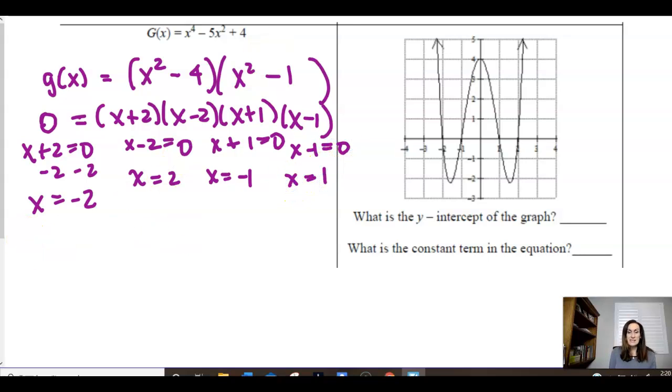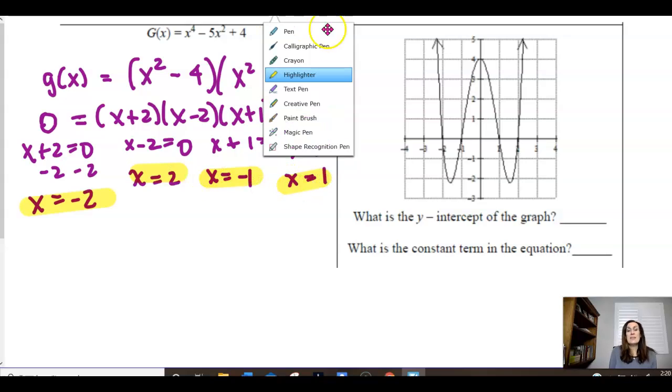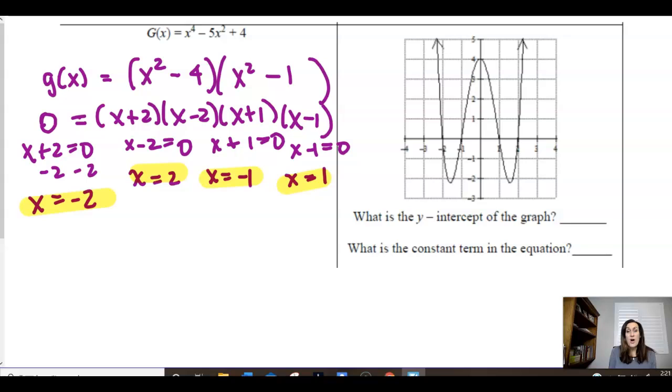Now you can see, looking at all of my solutions, negative 2, positive 2, negative 1, positive 1, that the multiplicity on all of those is 1 because they're all different answers. So you can see I have a swish at negative 2, a swish at negative 1, a swish at 1, and a swish at 2.